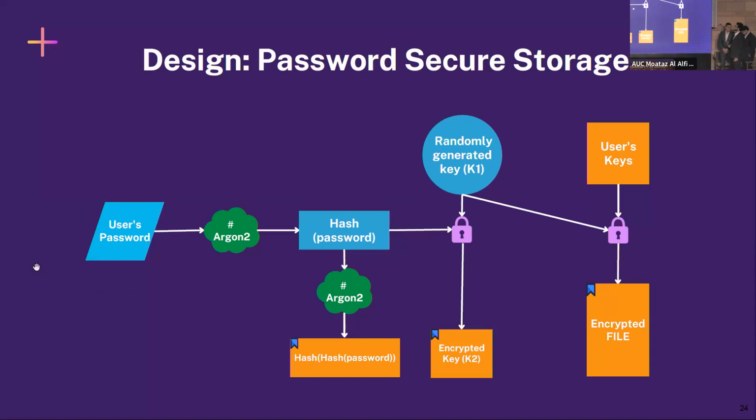So we have in here the user's password. We will use the Argon2 hashing function to hash it, and then use the single hash to encrypt the key used for encryption. So this is the encryption key we use to encrypt the user's keys and then store them.